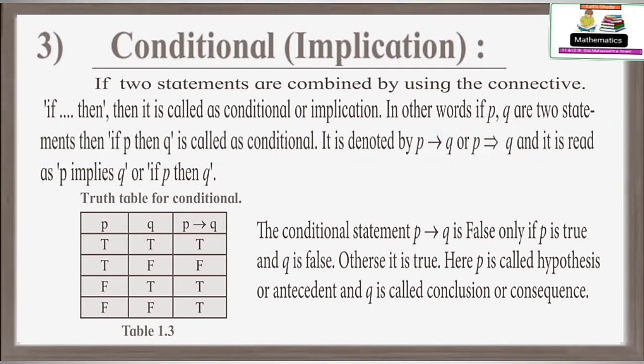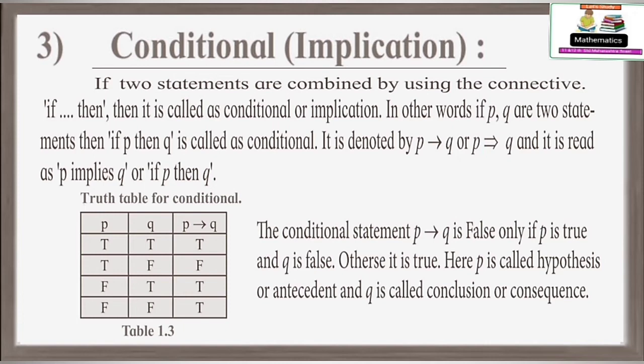It is denoted by this symbol, P → Q, and it is read as P implies Q or if P then Q. That means in the conditional, the words "if then" are important.